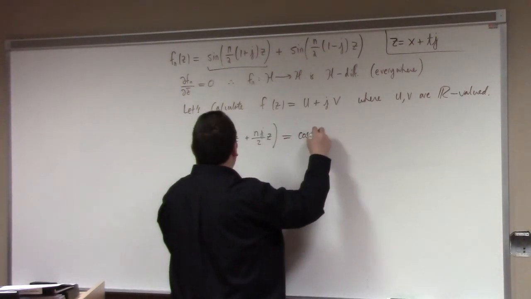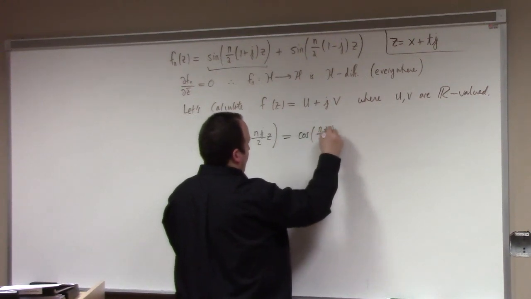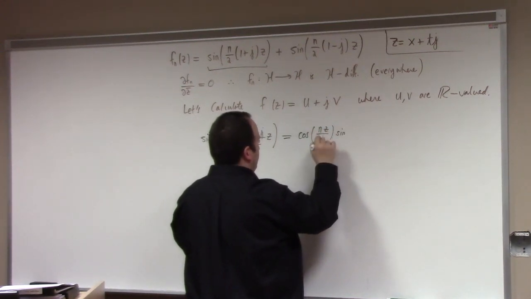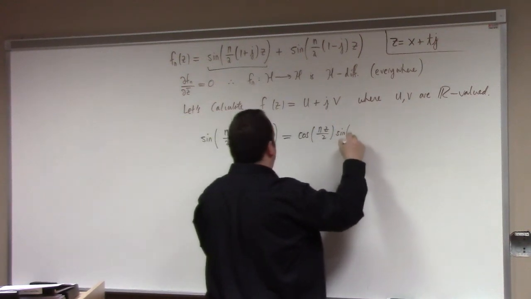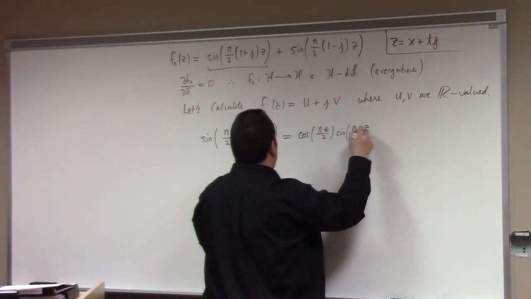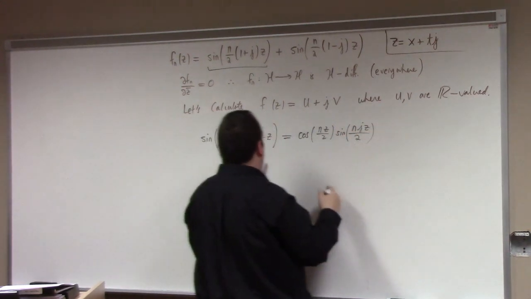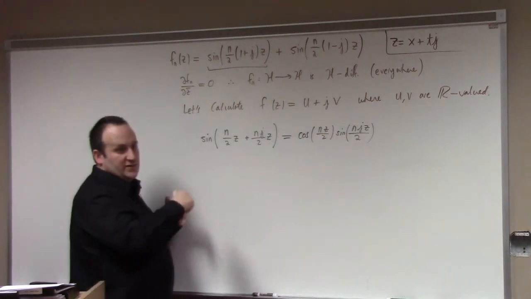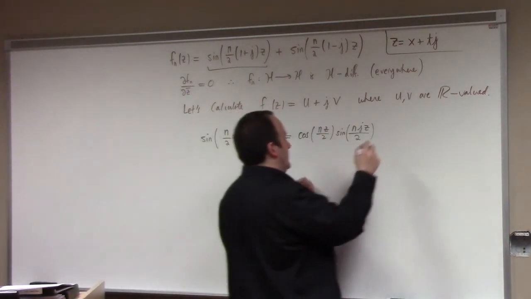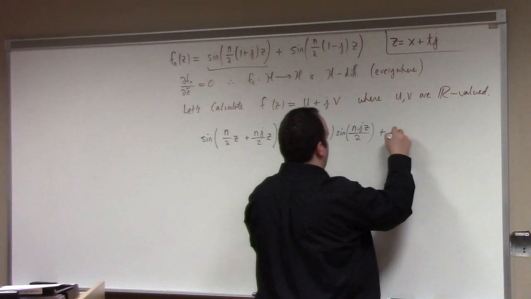This is cosine nz over 2. Daniel proved in his paper that you have the usual law of adding angles for sine. So it goes cosine sine plus sine cosine if the arguments stay the same.